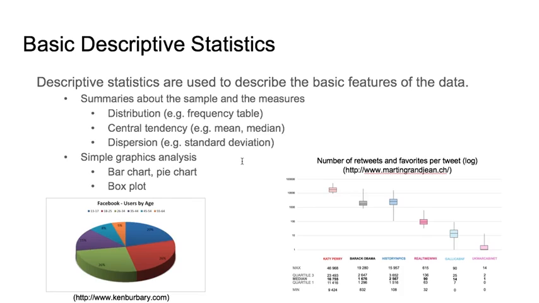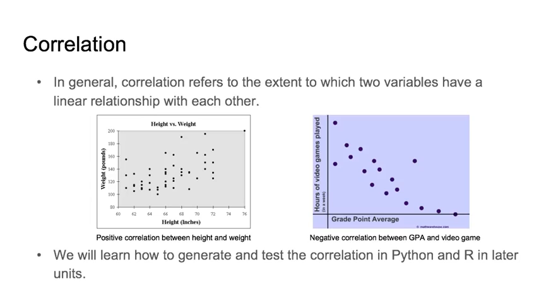Once we have some description of the data, we start to get some idea about how maybe some things could be related or connected. And so we do something called correlation analysis. Here's an example of what we have plotted here. This is the x-axis and this is the y-axis. We plotted height and weight.